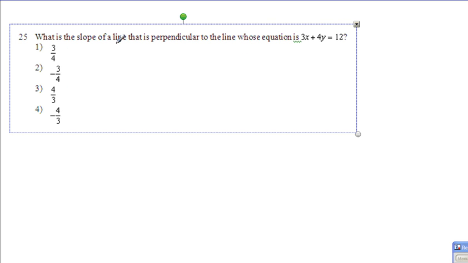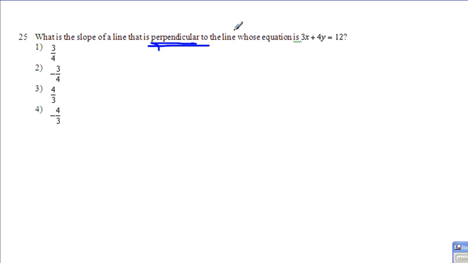Now, the slope of this line that is perpendicular. What we have to do is try to solve for y equals mx plus b format. In order for us to do that, we will subtract 3x, then we get 4y is equal to negative 3x plus 15.